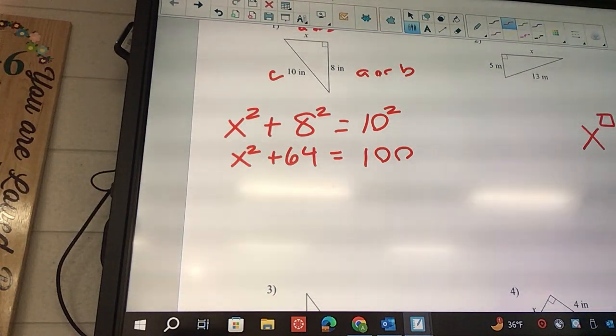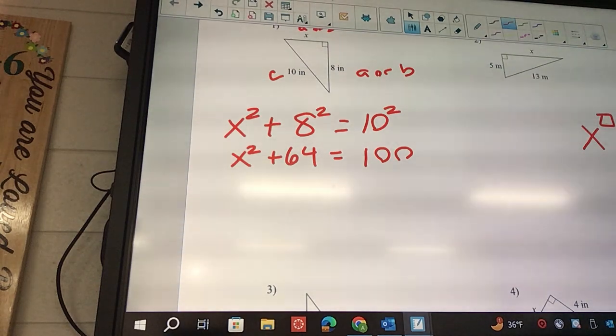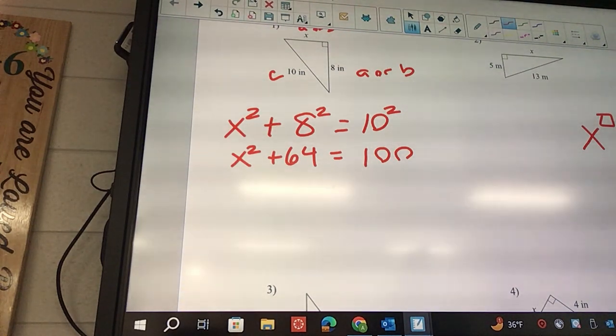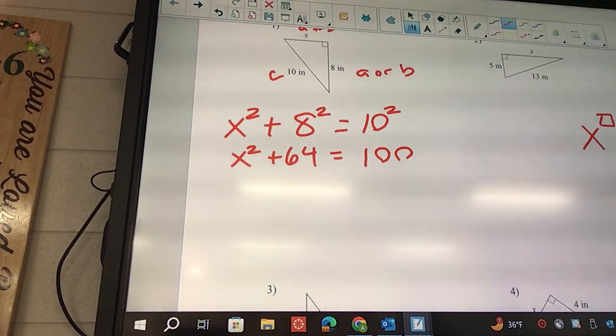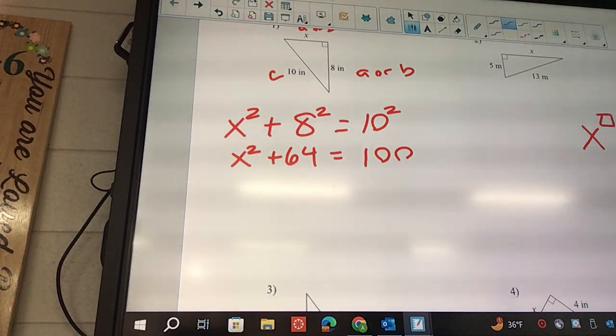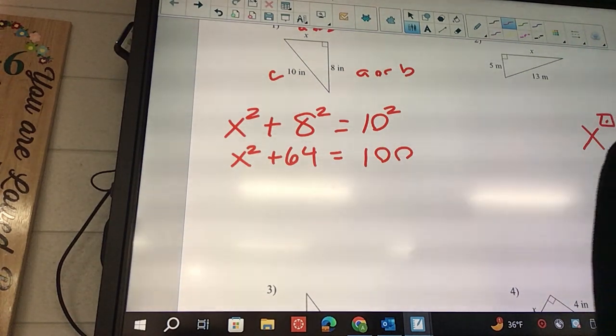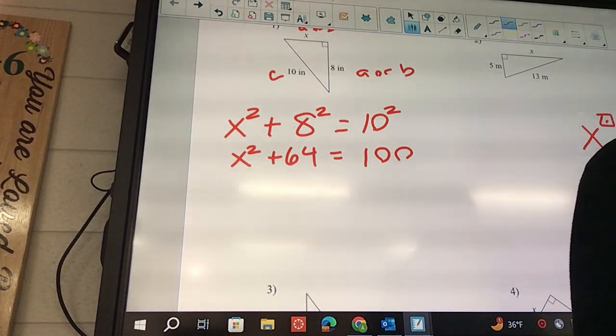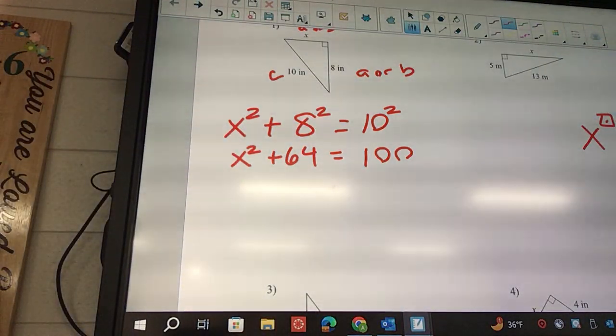Or you can use the button that looks like this. There are two of them. You would type in 10, and if you use this blank box button, then you have to put the 2 there, or you can type in 10 and then hit this button and it'll give you the square, and you would hit equals.